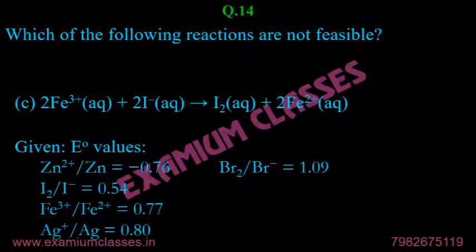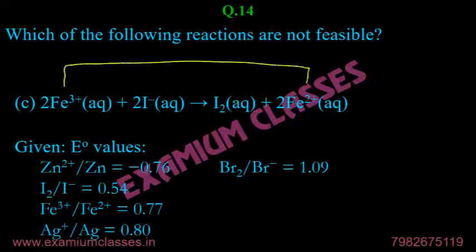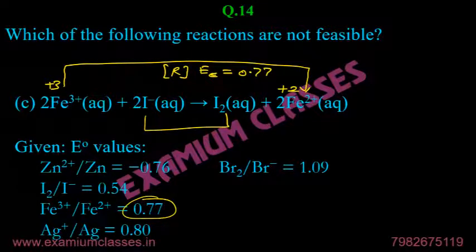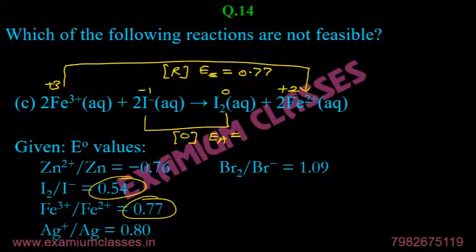Good. So the reduction is plus one to zero, oxidation is plus three to two, that is the code. Iron one is 0.77, and this is the oxidation, minus 1 to 0, and here EA will be 0.54.